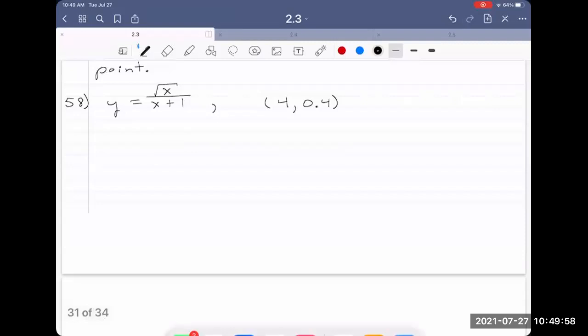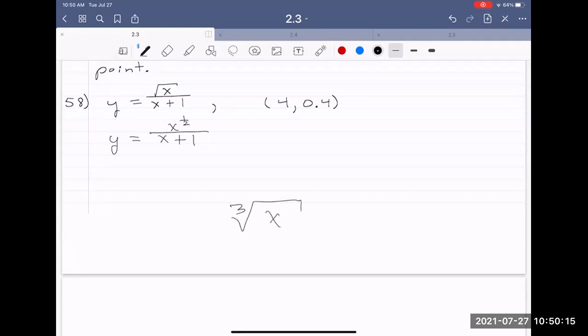So I have here y is equal to, let's write the square root as x to the 1/2 over x plus 1. In general, if you have something like the cube root, I don't know how to differentiate that, so rewrite it in a form that you do know how to differentiate. Oh, we don't know how to differentiate x to the 1/2 because I haven't shown you.